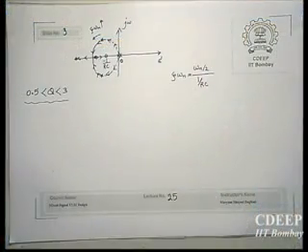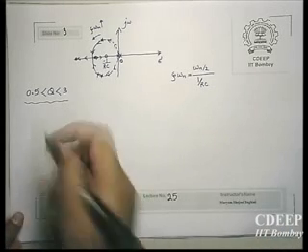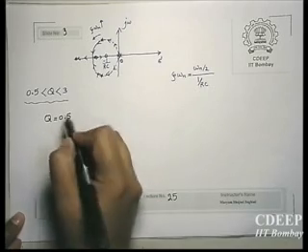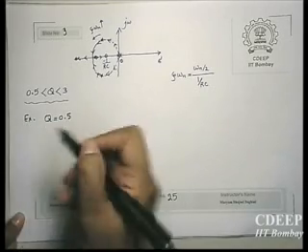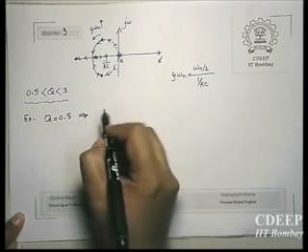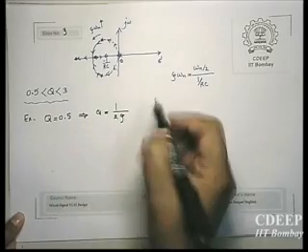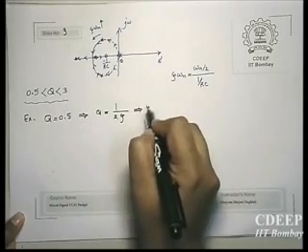So this is one thing. So for example, suppose you choose Q equal to 0.5. This means that Q is 1 upon 2 zeta. So this means that now your zeta is equal to 1.